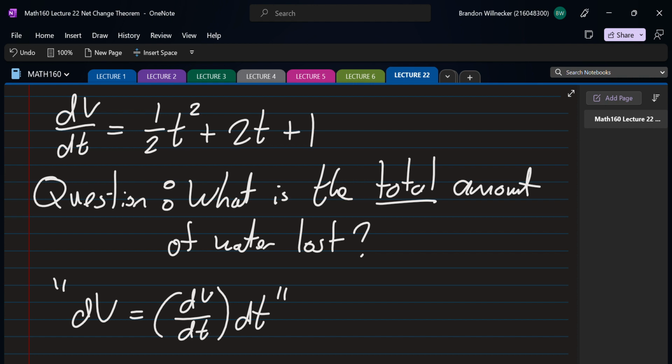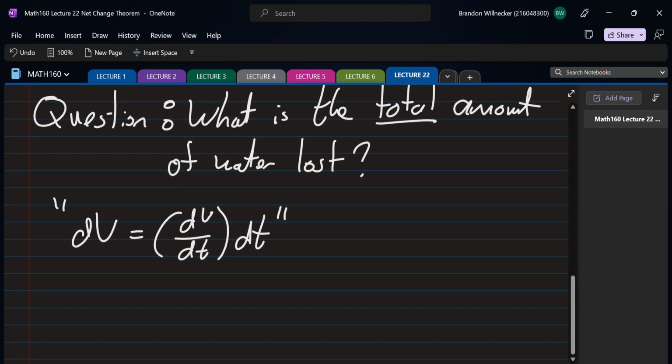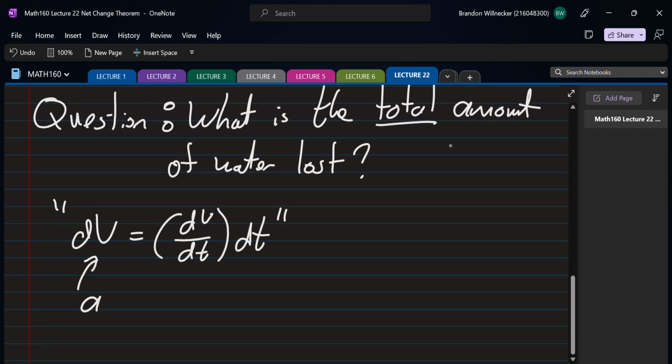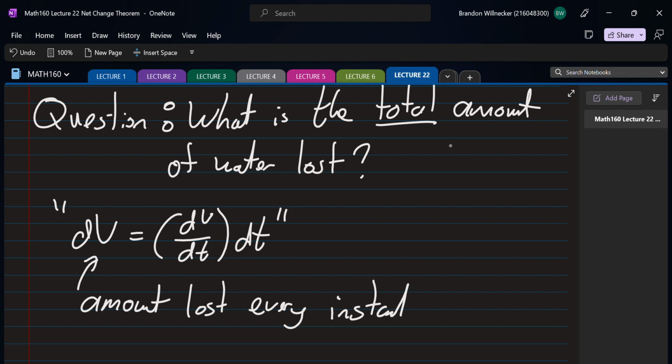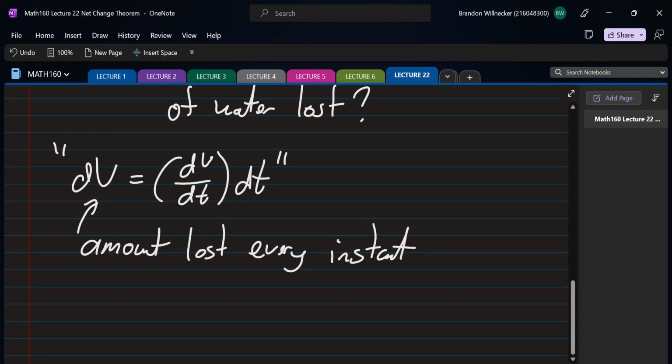If we want to know the total amount of water lost, we add up all of these infinitesimal amounts. So this dV is the amount lost every instant. So we just add all of these amounts up and we get the total amount. Now this is an infinitesimal, we can't just add them.